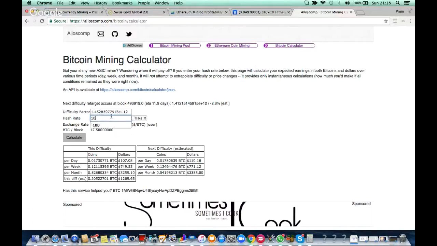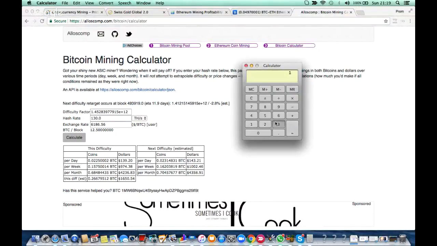So let's try 130 terahash. Now we're looking at $139, right? $139 gross per day times 0.28 is my electricity cost. That's $38, right? So 139 minus 38 is $101.